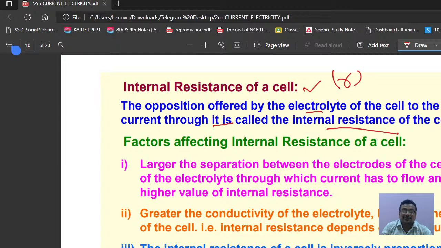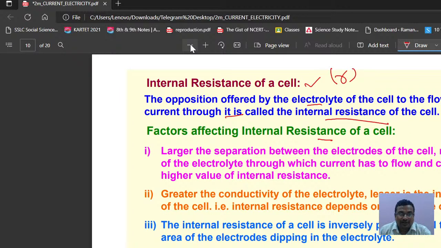The resistor is represented by capital R. So what are the factors on which the internal resistance of a cell depends? Now see here, in a cell there are electrodes.